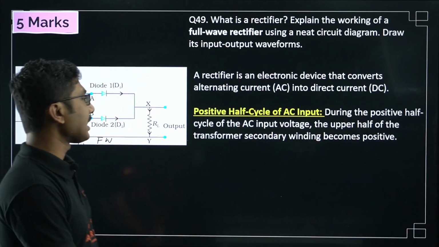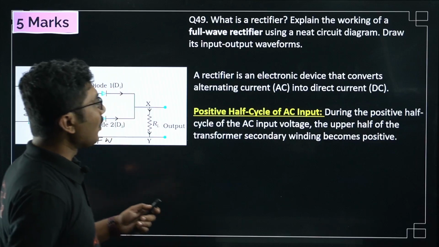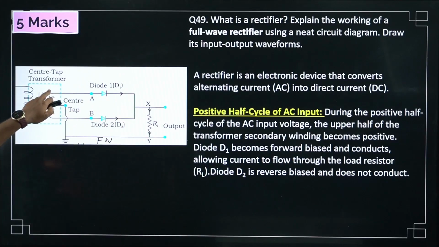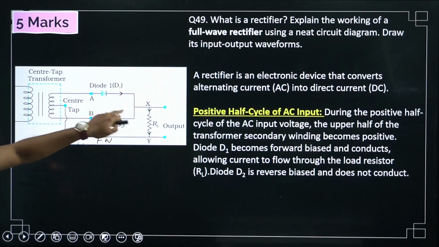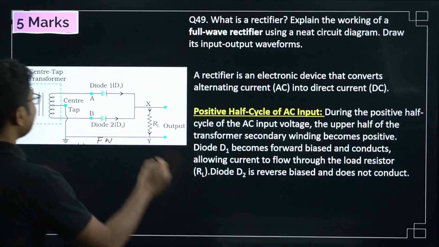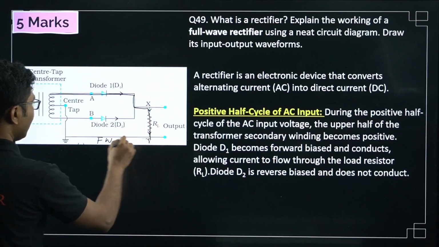During the positive half cycle of the AC input voltage, the upper half of the transformer secondary winding becomes positive. So this is positive, this is negative, that means diode D1 is forward biased and conducts, so current passes through this way.